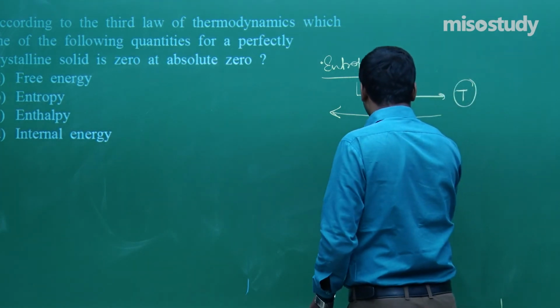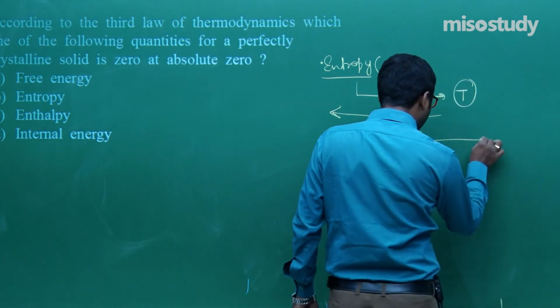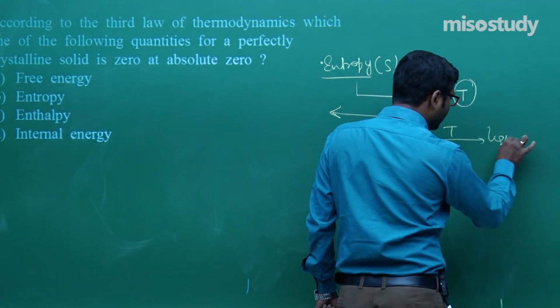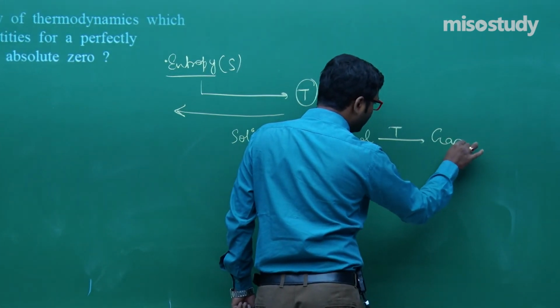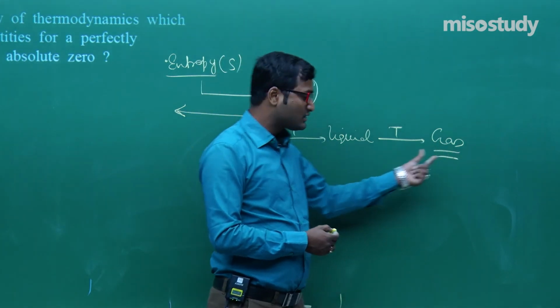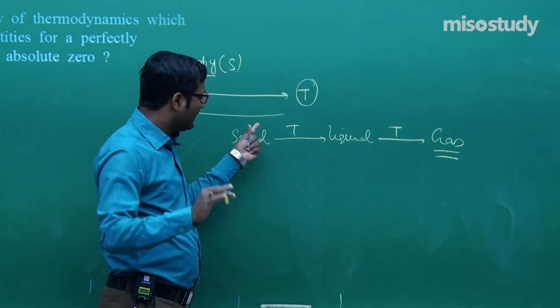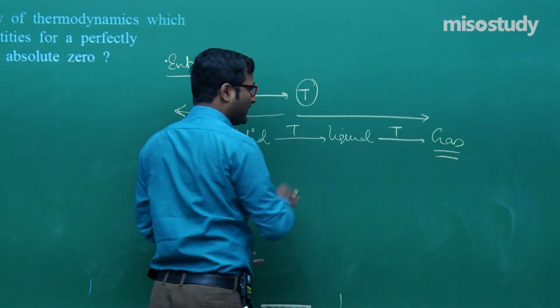Remember this: in a solid, the particles are very close to each other. If I increase the temperature, it converts to liquid. If I increase the temperature again, it converts to gas or vapor. In gas there is maximum randomness, in solid there is less randomness. Clear? If temperature increases, randomness increases, that is entropy increases.